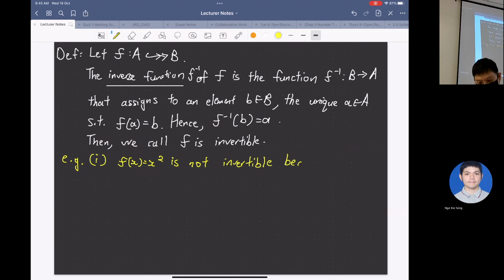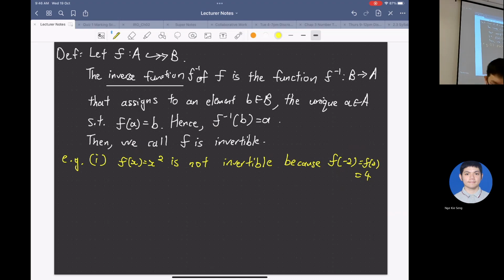Why? Because f(-2) is equal to f(2) equal to 4. So if you give me a 4, I don't know whether I want to go to -2 or 2. So there's some ambiguity in defining the f inverse.